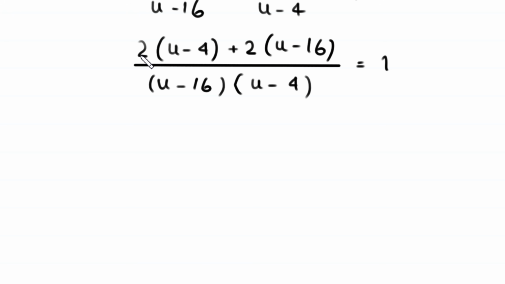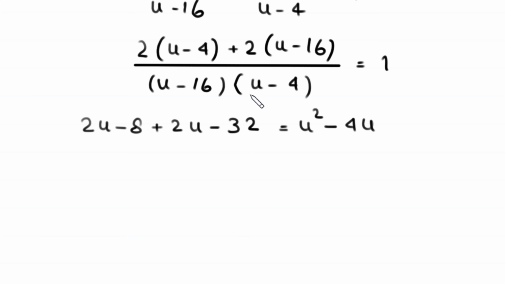Now we distribute this: 2 times u is 2u, and 2 times negative 4 is negative 8, 2 times u plus 2u, and 2 times negative 16 is negative 32. If we multiply this LCM by this 1, this will become u times u, u squared, and u times negative 4 is negative 4u, negative 16 times u is negative 16u, and negative 16 times negative 4 is plus 64.